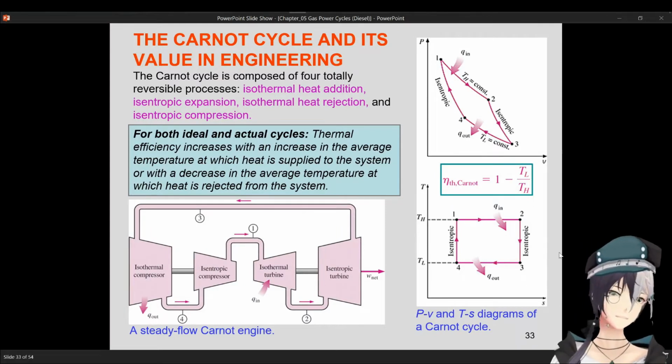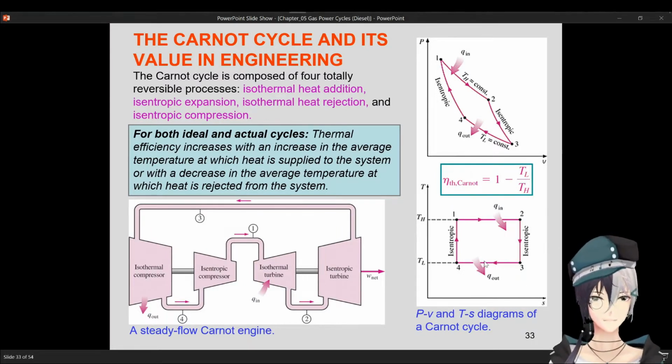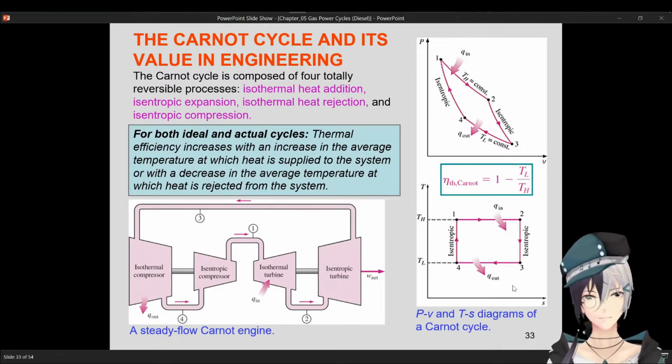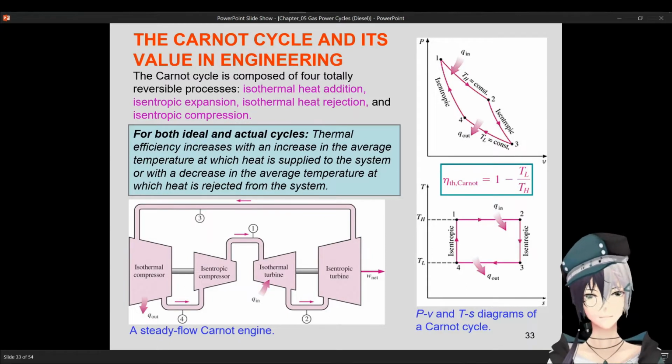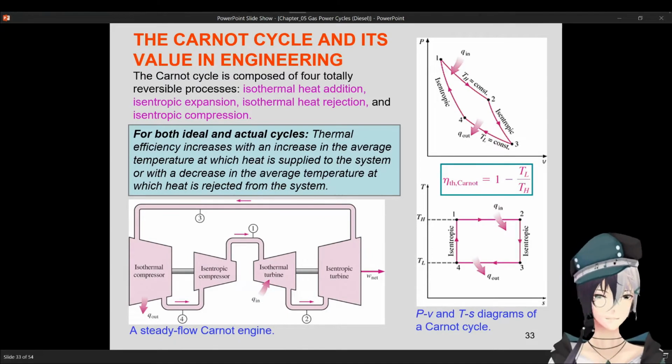From the diagram, you can easily see where Q in and Q out are. This is very important when you take your exam so that you won't be confused.